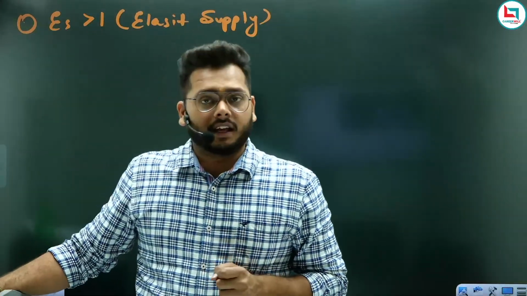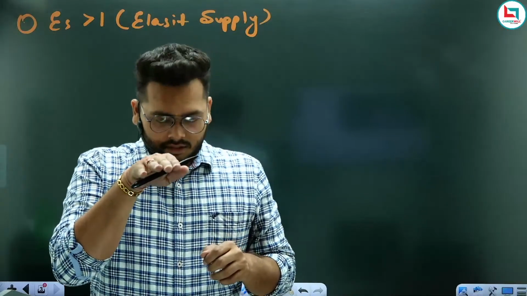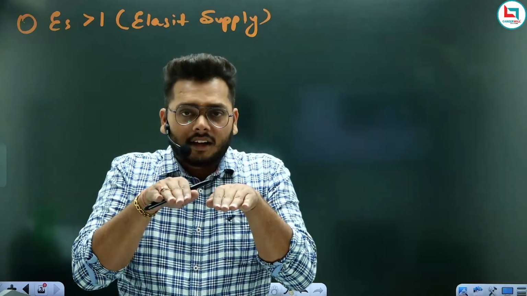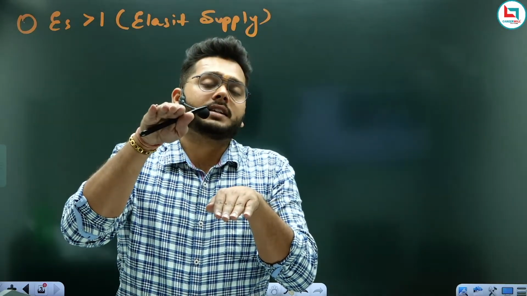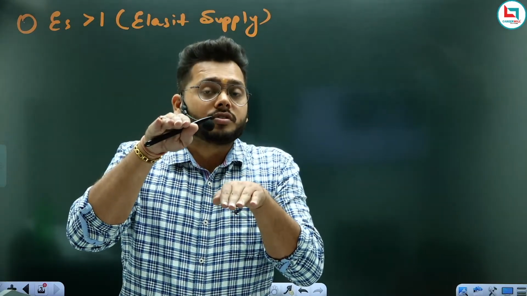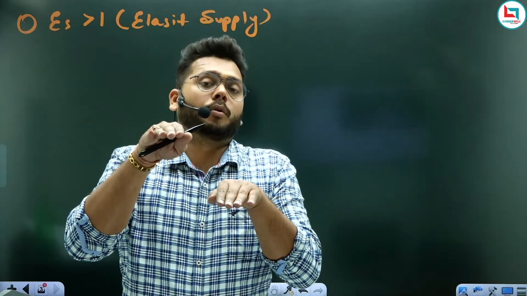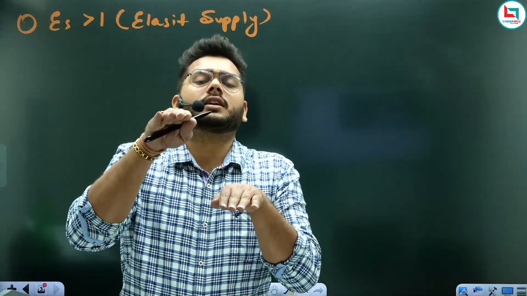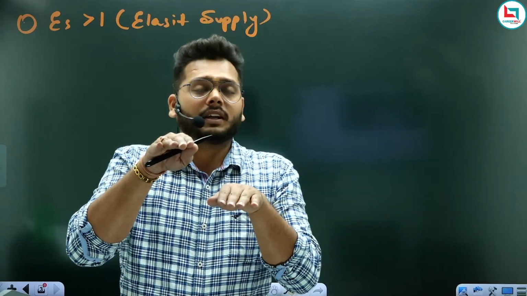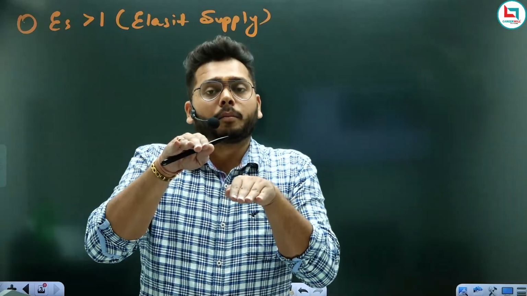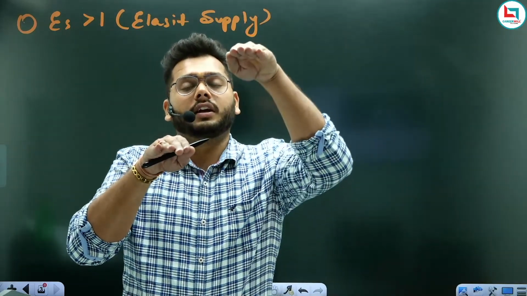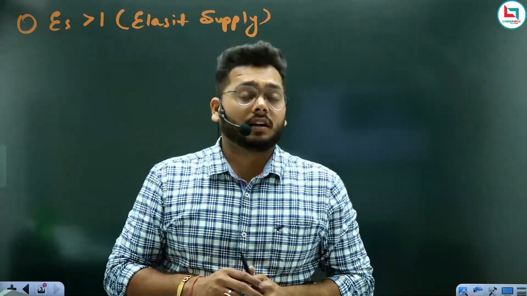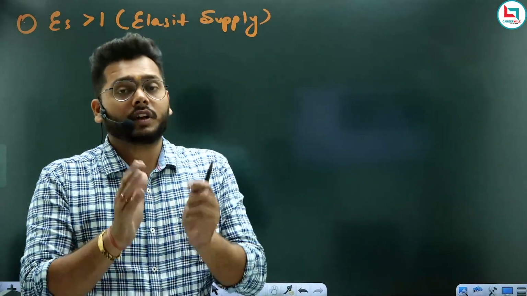Say this is the price and this is the quantity supplied. If there is a 10% increase in the price of any commodity, a producer will supply more of the commodity, right? So if there is a 10% increase in the price of a particular product, the producer will supply a higher percentage, say 30% of that particular quantity.